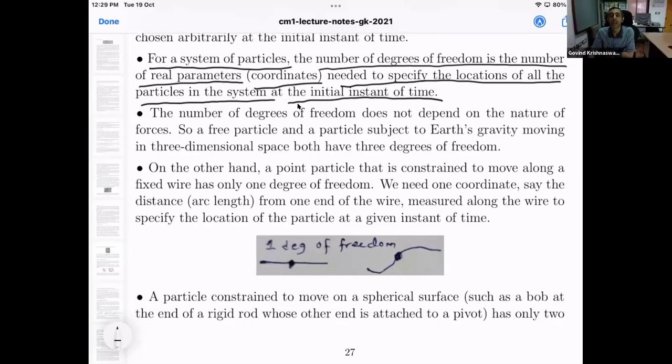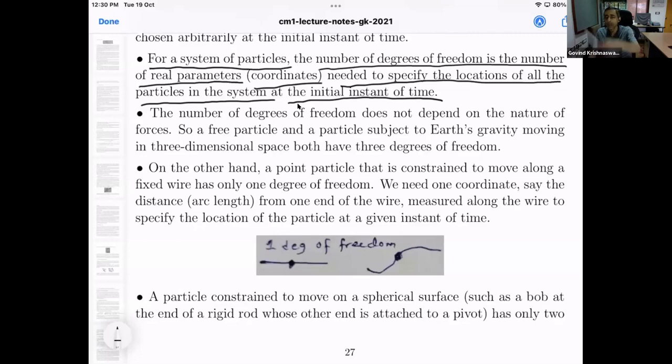Okay. See, this is a separate question. Somebody presents you a body and a place where it's moving and asks you how many degrees of freedom it has. The answer to this question is independent of how that body is constructed, what keeps it together. All of those questions, while they are interesting physically as well as for general knowledge, are not of any relevance to answering the question of how many degrees of freedom the system has.